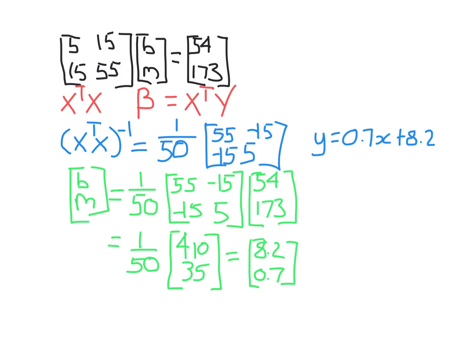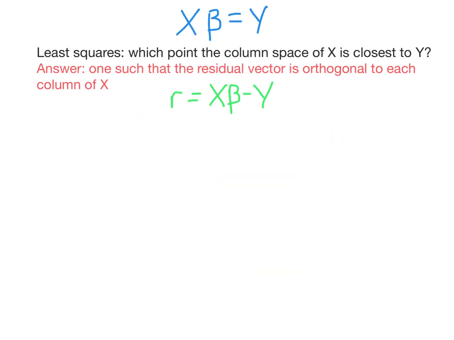Let's take a second to figure out why this works. We want to solve this matrix equation here. We saw in the last example that X wasn't even a square matrix. Sometimes X just doesn't have an inverse and there's no solution beta. So what we want to do is find the beta that is as close as possible.